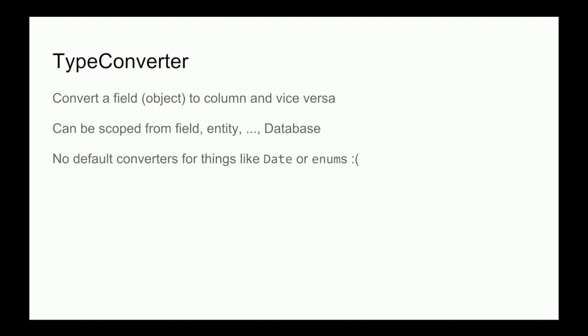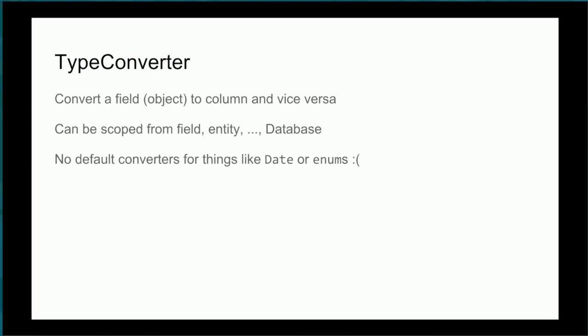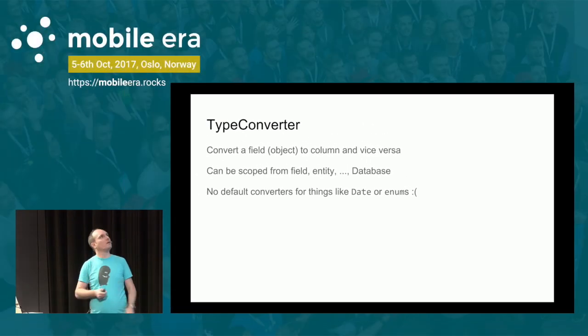Okay, so up to now I have very simple entities, not much going on. Oftentimes you have data types in your entities that you do not directly map onto SQLite. SQLite only has simple types like numbers and strings and binary.